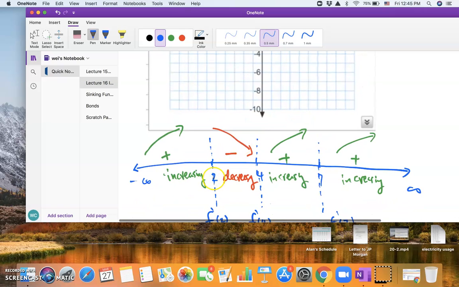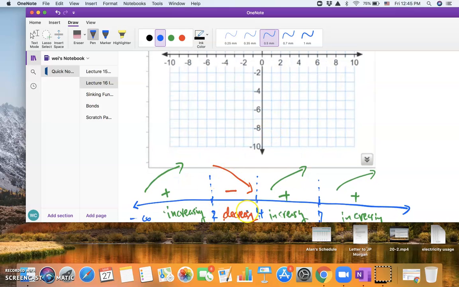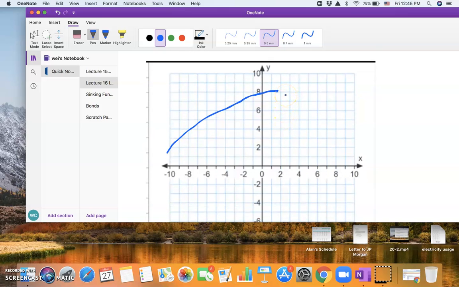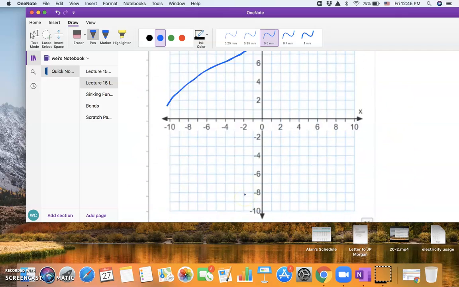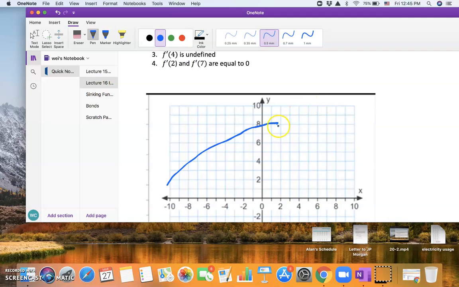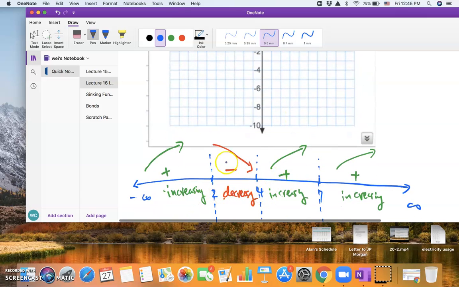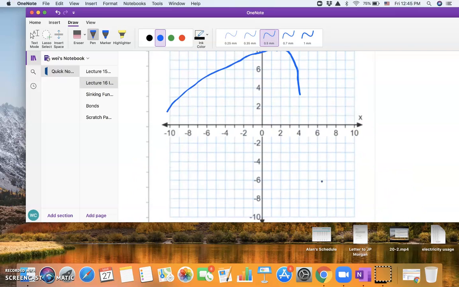Now after x equals 2, the function is decreasing from 2 to 4, so the graph goes down after 2. And at x equals 2, the graph has a horizontal tangent line, so it looks like this. Here we can draw a horizontal tangent line. From 2 to 4, the function is decreasing, and from 4 to 7, the function is increasing again.